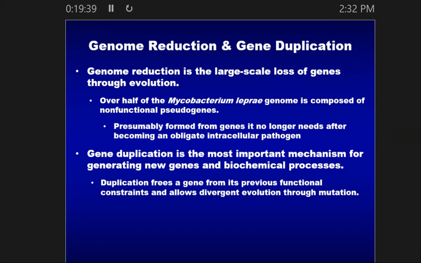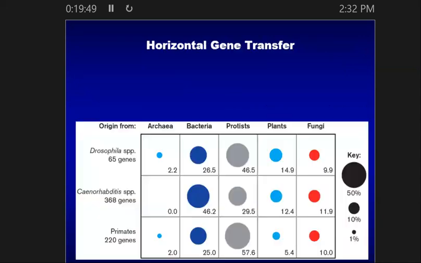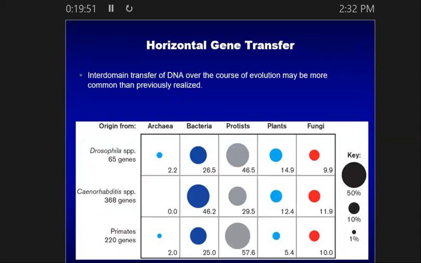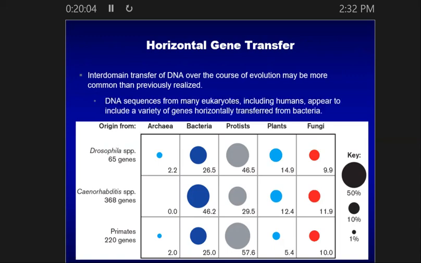Then when they start looking at horizontal gene transfer across all the different phyla of life on this planet, they came up with this. One of the studies mapped it out this way. And here they're looking at how many other organisms have DNA that came from bacteria.